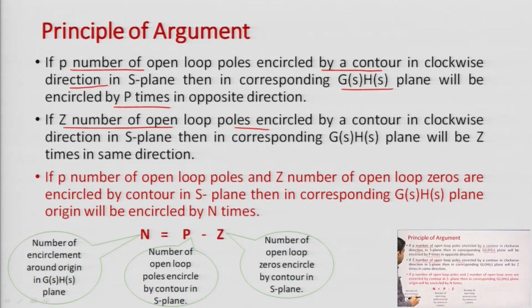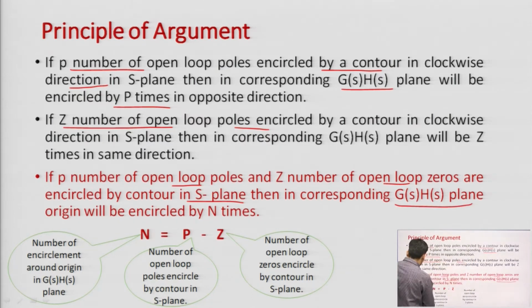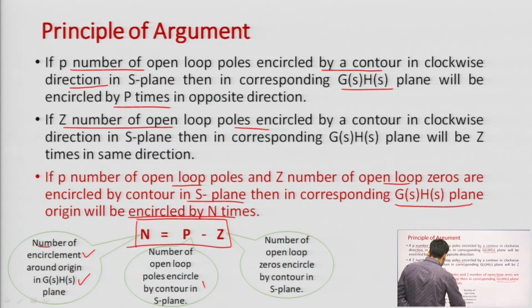So, here you can see, if p number of open loop poles and Z number of open loop zeros are encircled by a contour in the s plane, then in the corresponding G(s)H(s) plane the origin will be encircled N times. This is the formula, N equal to P minus Z, where N tells you the number of encirclements around the origin in the G(s)H(s) plane, P is the number of open loop poles encircled by the contour in the s plane, and Z is the number of open loop zeros encircled by the contour in the s plane.